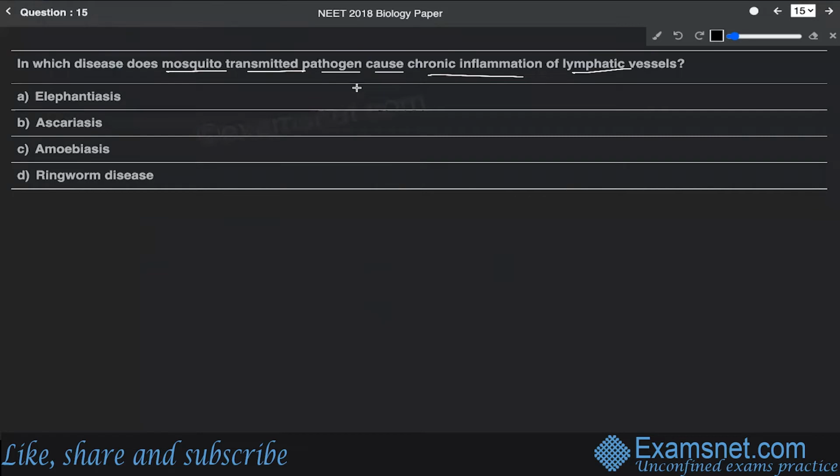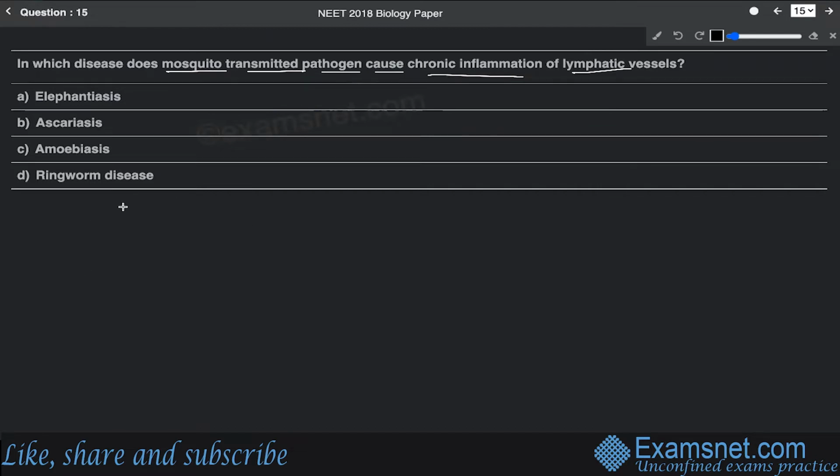This question has been asked from the Human Health and Disease chapter of standard 12. Inflammation of lymphatic vessels is a symptom of elephantiasis, which is also known as filariasis.